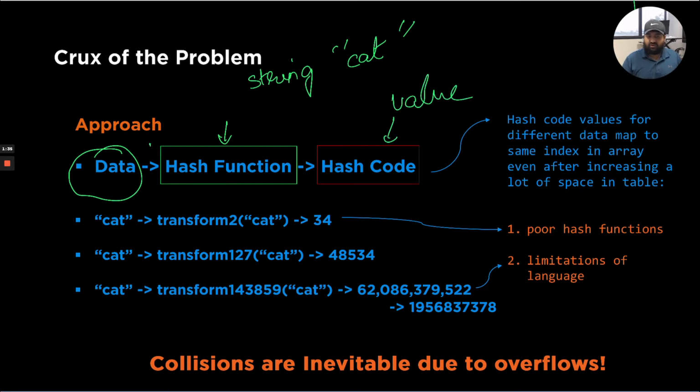That's the gist of what a hash function is, and the value that we get after passing our data into a hash function is called a hash code. This data could be anything: an integer, a string, any user defined data type.